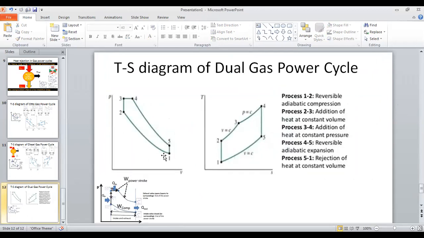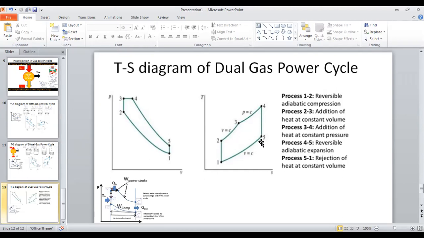So 1 to 2, isentropic compression, constant entropy. 2 to 3, constant volume heat addition, anyway entropy rises. 3 to 4, constant pressure heat addition, anyway entropy rises. After that, 4 to 5 is isentropic expansion, where the work is out.